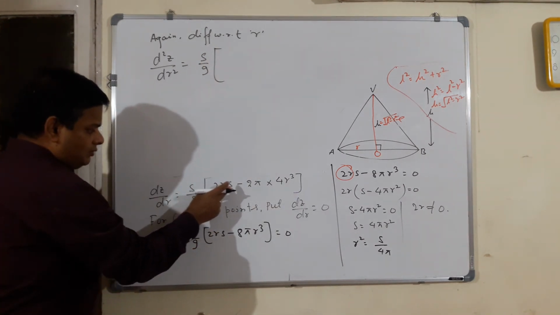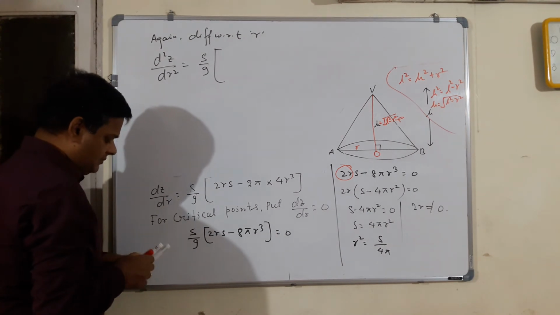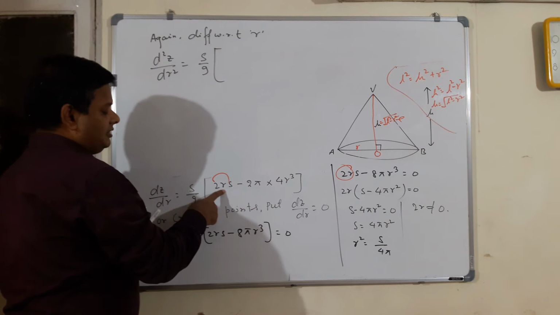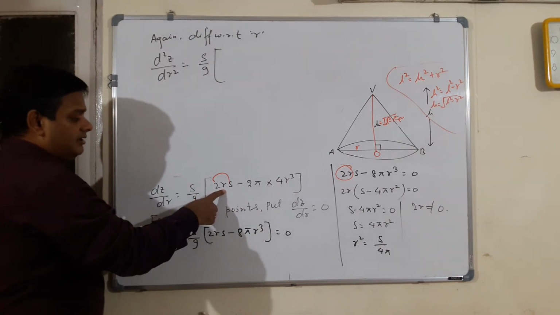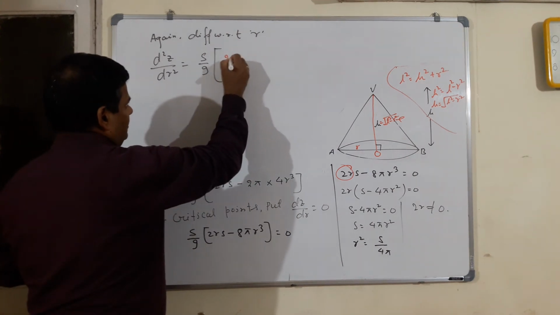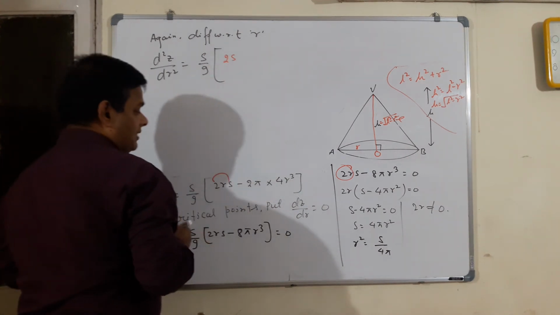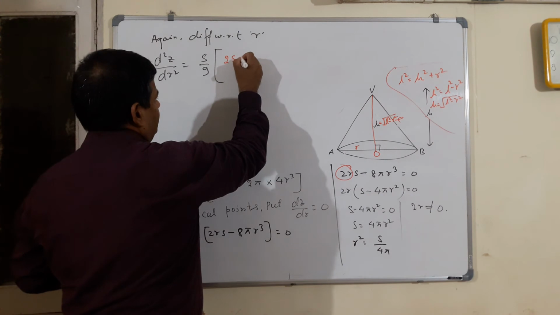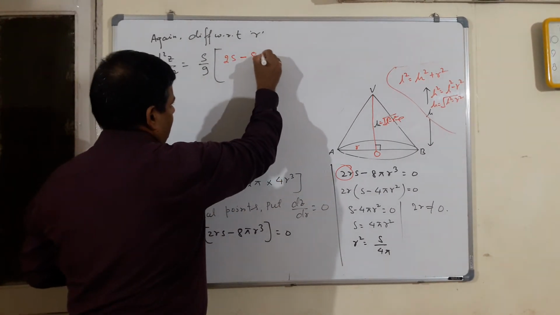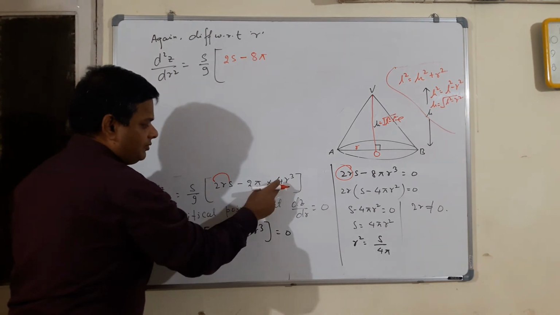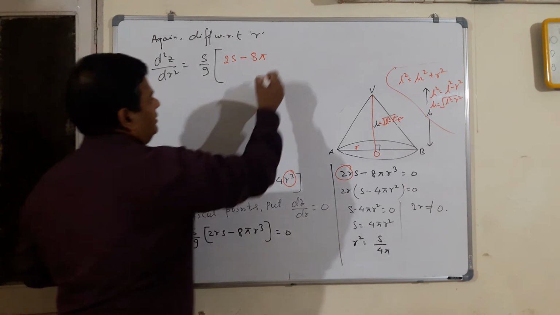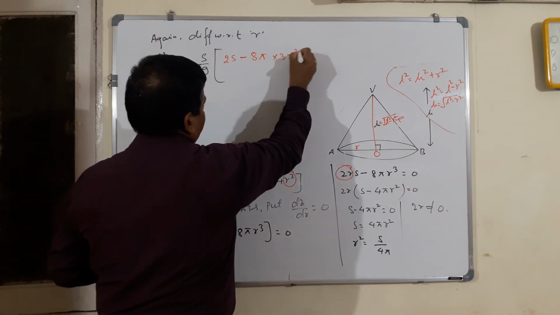So 2s is constant here. Differentiation of r with respect to r is 1. So here becomes 2s. Now here minus 8 pi is constant, and differentiation of r cube is 3r square.